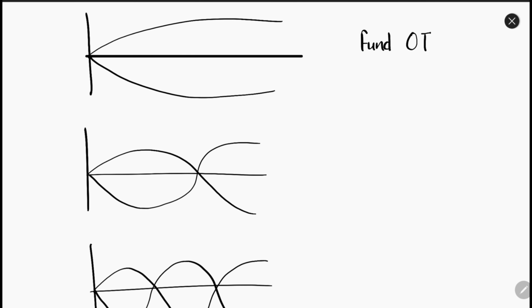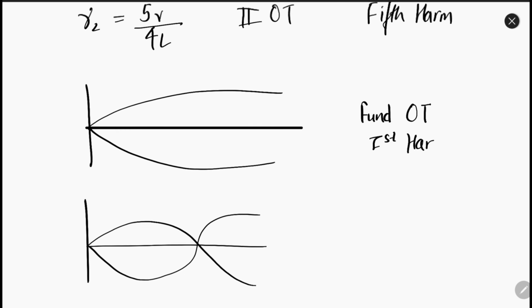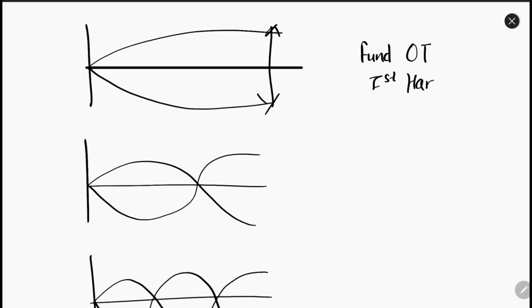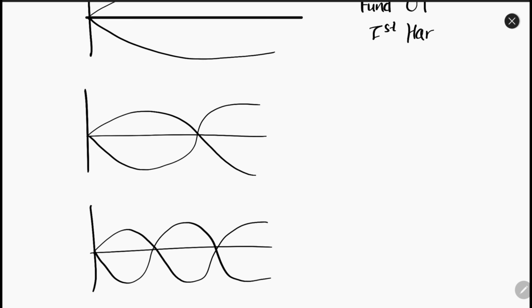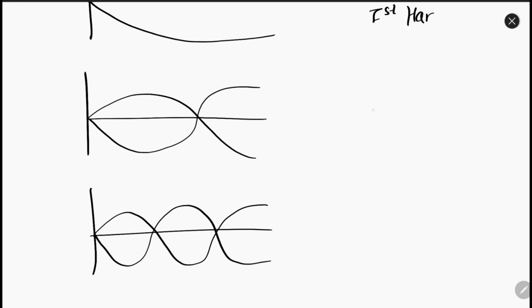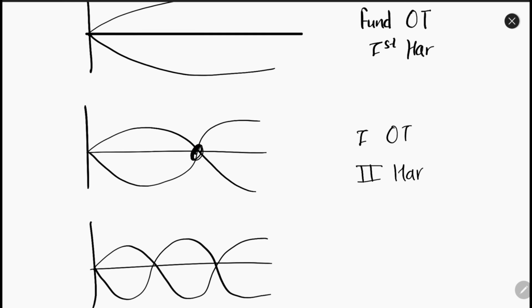This is the fundamental overtone and first harmonic, because how many antinodes do we have here? One. Then this is the first overtone or the third harmonic, because we have how many antinodes? Two, and one node is there.